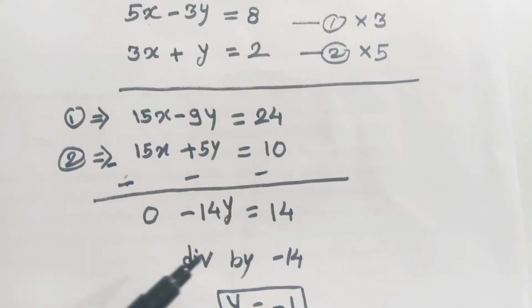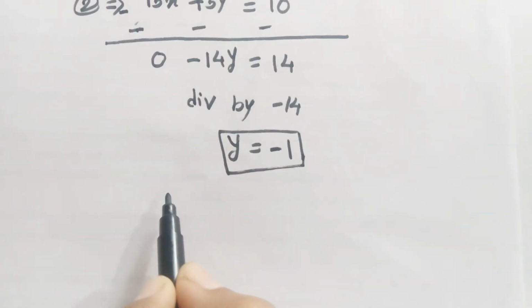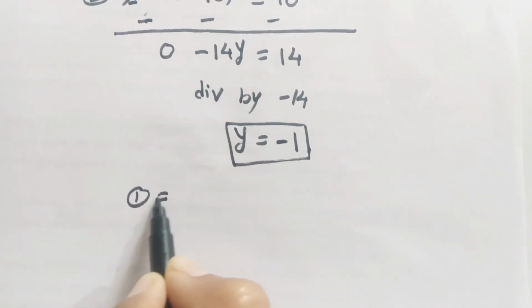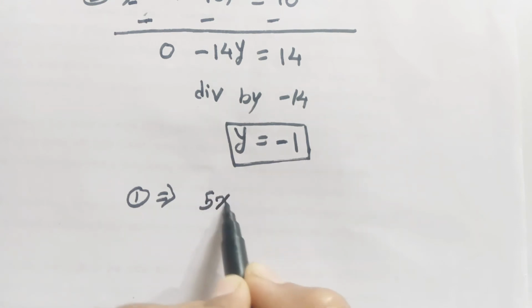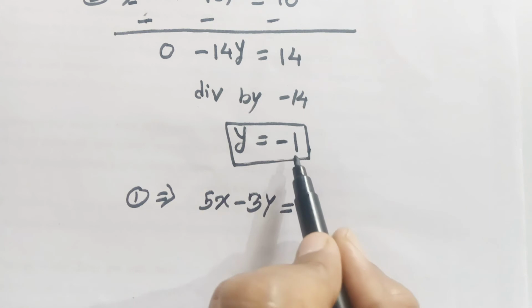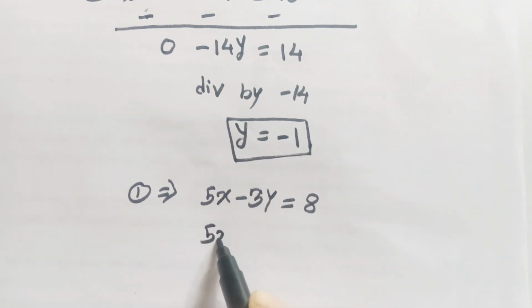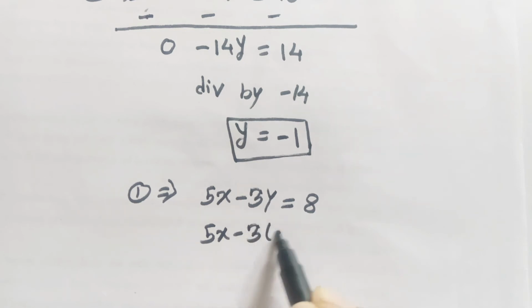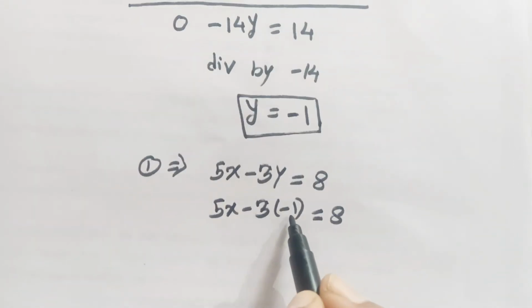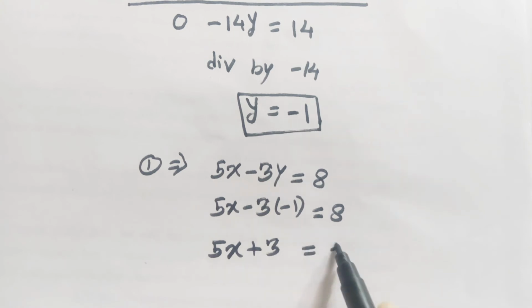If we put this value of y in equation number 1, which is 5x minus 3y equals 8, then 5x minus 3 times minus 1 equals 8. Multiplying minus 3 into minus 1 gives plus 3. So here 5x plus 3 equals 8.